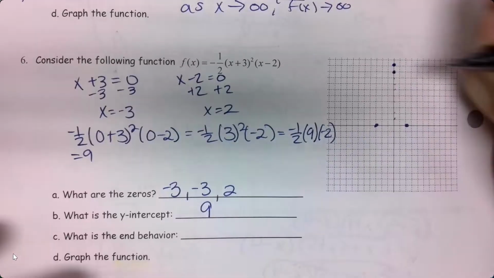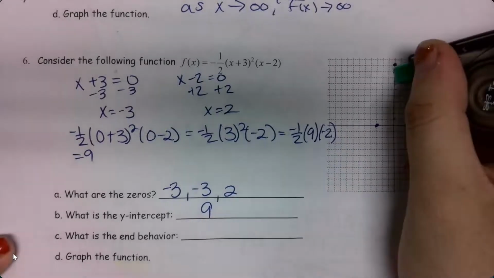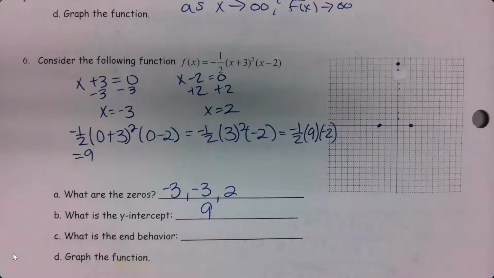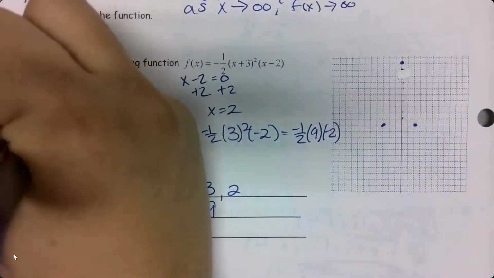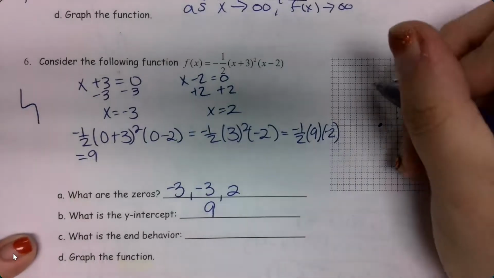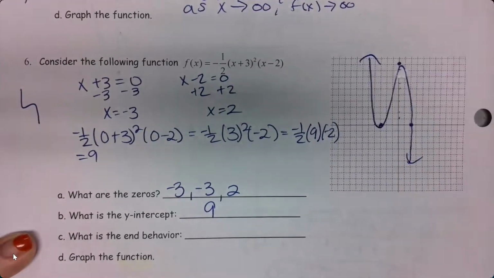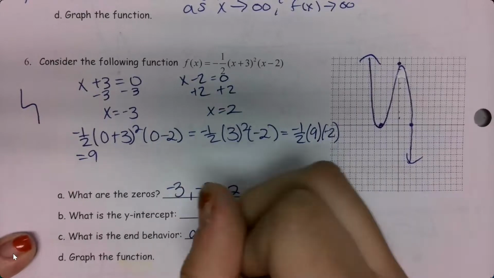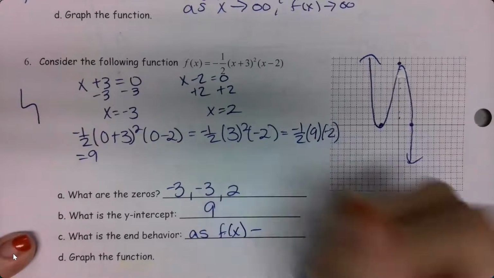Oops, that one was wrong. Then this one, because it's got a negative coefficient out front, it's actually going to look something more like this. And it bounces at my -3, so it looks something like that.